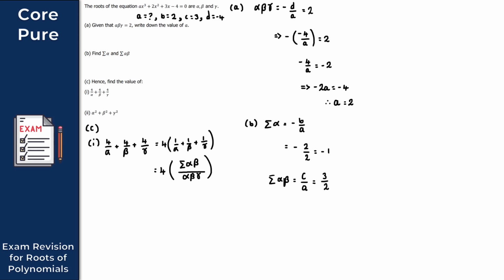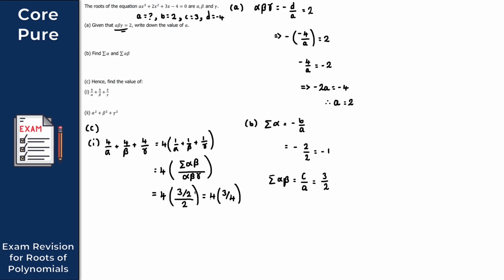We know the value of alpha beta gamma: it was given in part A. Putting this together, I get 4 lots of 3 over 2, all over alpha beta gamma, which is equal to 2. If we simplify, 3 over 2 divided by 2 is the same as 3 over 2 times a half, which is 3 over 4. So you get 4 lots of 3 over 4.